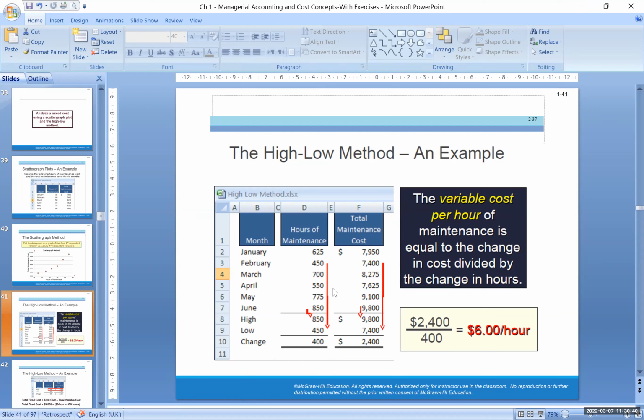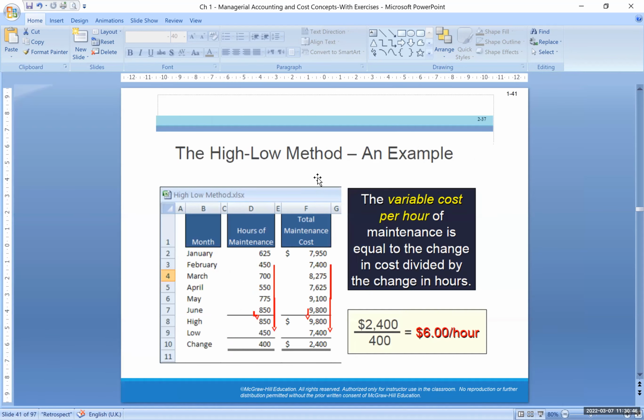The lowest hours of maintenance will be for February, which is 450. The highest level of activity will be for June, 850.